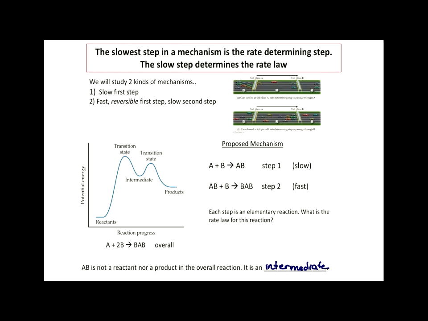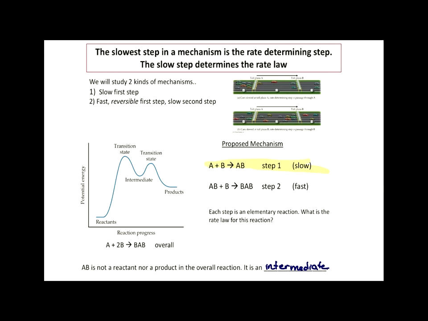So in this mechanism, I'm telling you that the slow step is the first step. So what is the overall rate law for this entire reaction? Do we care about the second step? No, we don't. So the rate law for this reaction is just dependent on that first step. That first step is an elementary reaction.